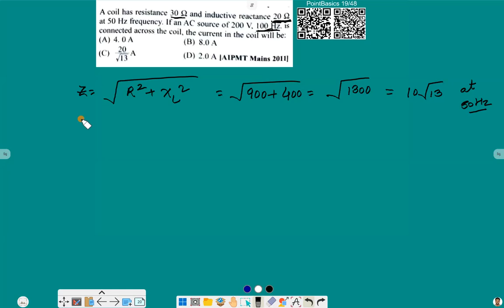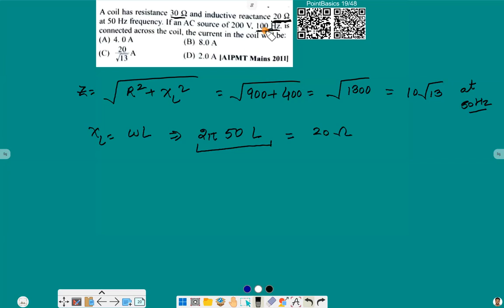Now we know that XL is equal to omega L. Right now we have been given 2 pi into frequency, that is 50, into L, and this value is equal to 20, the inductive reactance of the inductor.